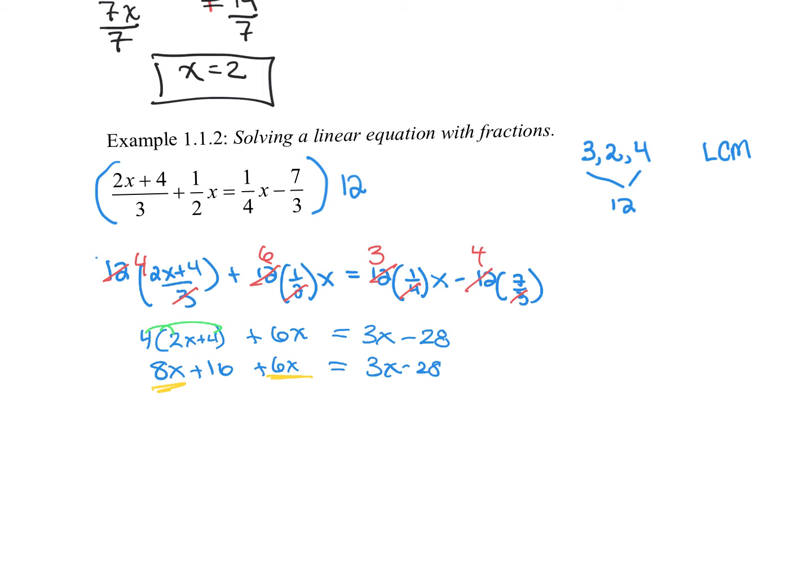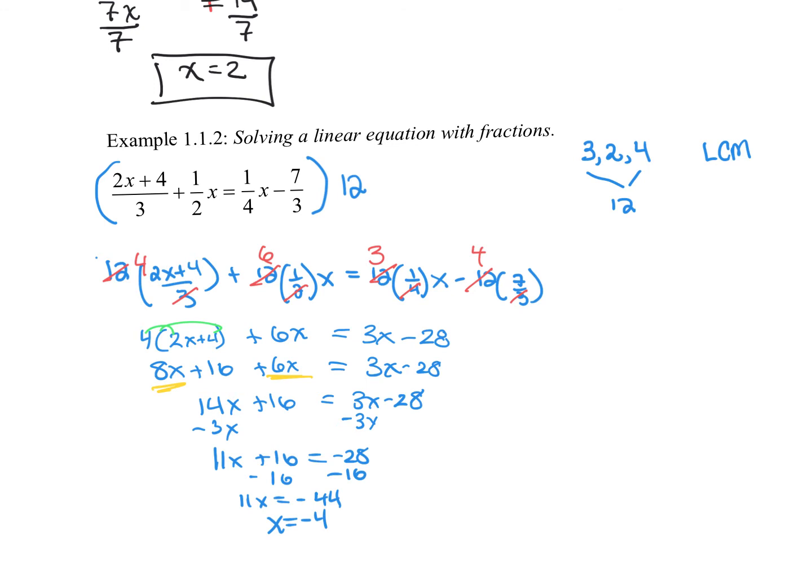So 8x plus 6x is 14x plus 16 equals 3x minus 28. Minus the 3x from both sides. 11x plus 16 equals negative 28. Minus the 16 over, and you get that 11x equals negative 44. So x equals negative 4.